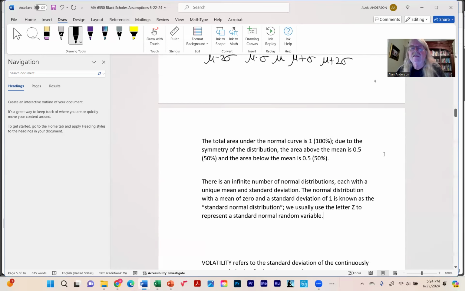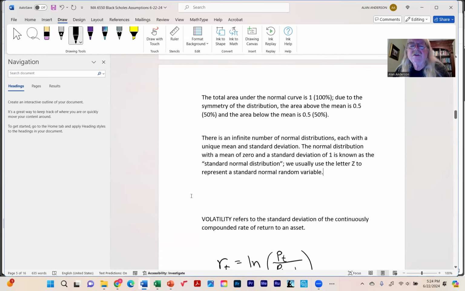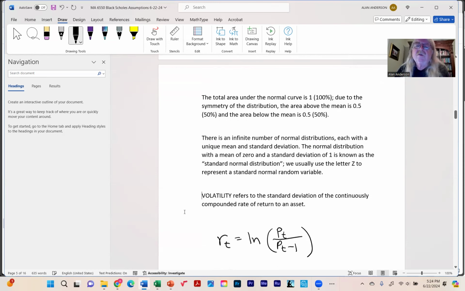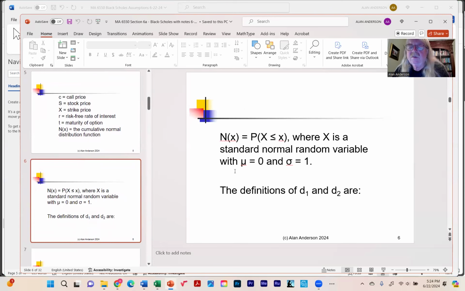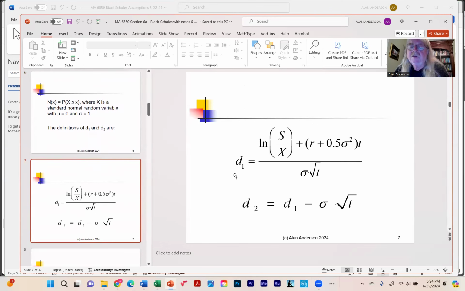Anyway, the next thing we wanted to consider is this notion of volatility, which is a critically important part of this model. It turns out to be one of the more important determinants of the value of an option. That's represented by sigma, which is the standard deviation. Sigma squared is the variance, but sigma is what we mean by volatility.